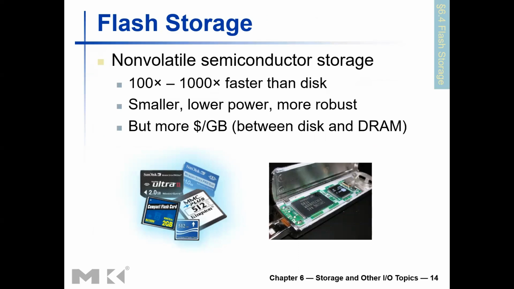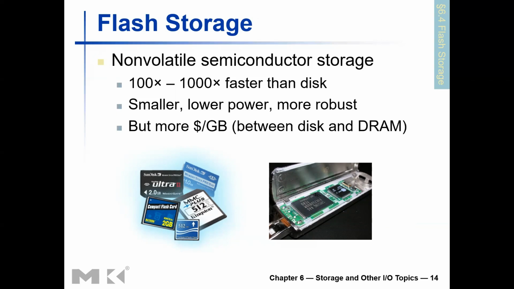Flash storage. It's a very popular one. We all are using them. These slide sets are a little bit older, so the values given here might be varying for the current flash storage devices. They are non-volatile semiconductor storage. They are 1,000 times faster than a disk.